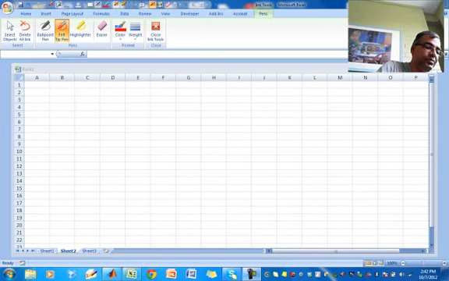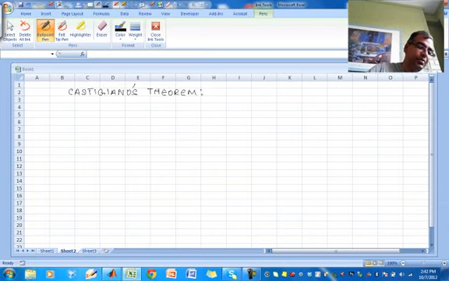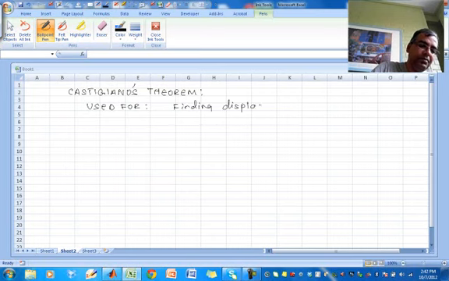We were talking about Castigliano's theorem. So let me write it down. Castigliano's theorem. Just a quick recap. It's used for finding displacements at specific locations in a beam.